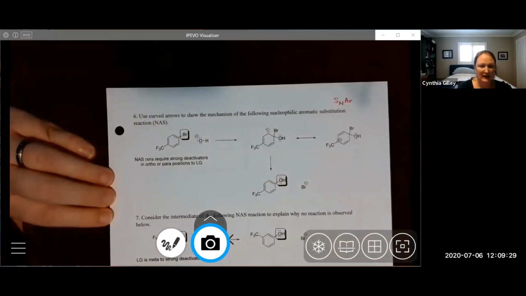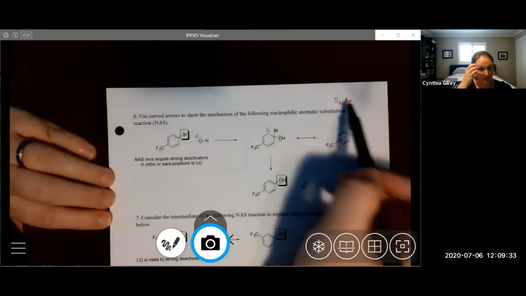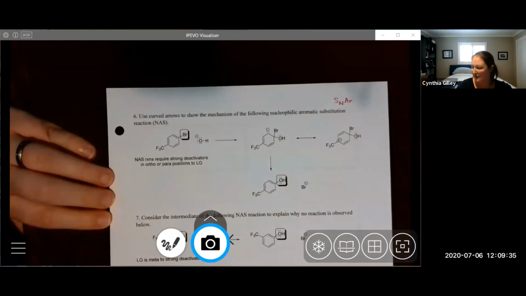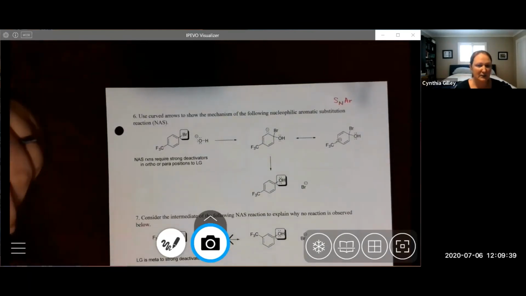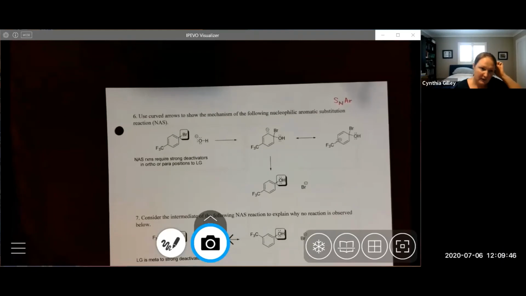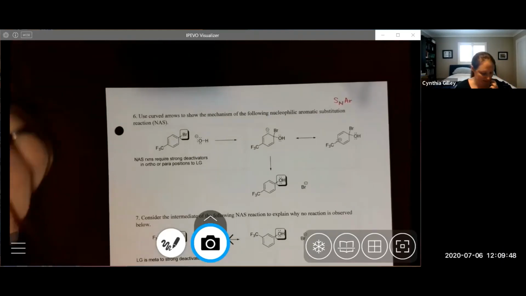Okay, so kind of like SN2 or SN1, but specifically on an aromatic ring. So the difference here is with electrophilic aromatic substitutions, the reagent was always an electrophile, a strong electrophile, and the aromatic ring was the nucleophile, right? This is going to be the opposite.